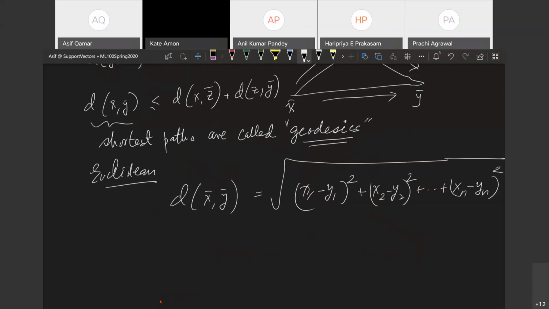Do we all agree? Yeah, so x1 component, x2 component. Assuming that the axes are x1, x2, x3, right?